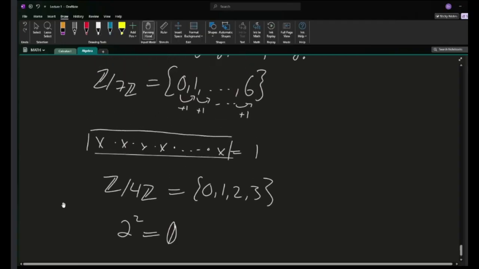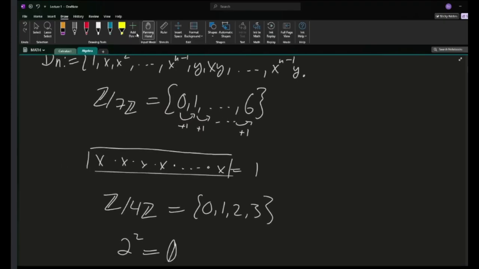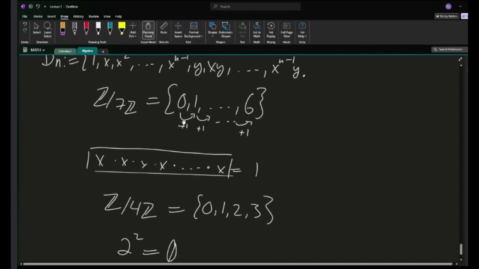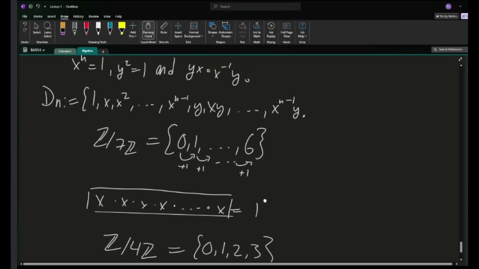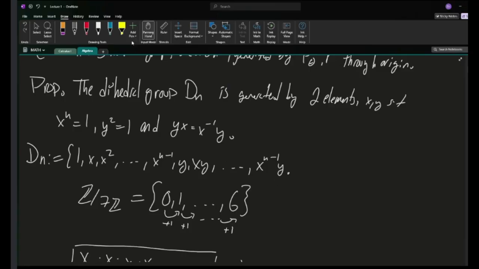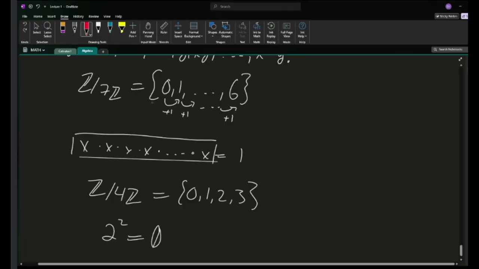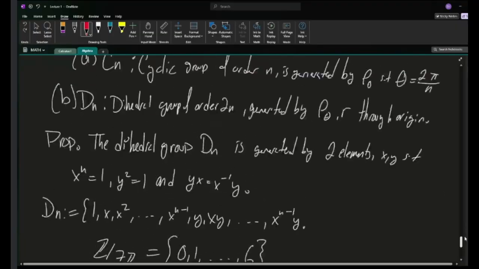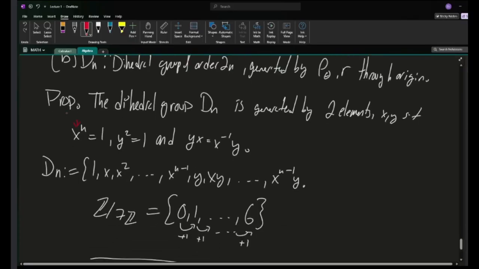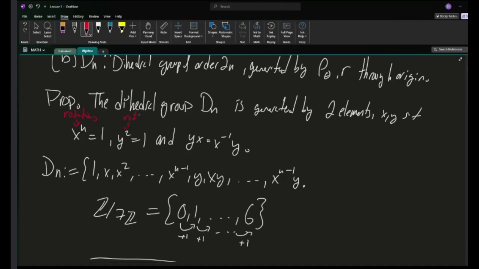The same idea applies here, except we're now dealing with any element x, a figure that's being rotated again and again, which in fact equals 1. And x itself is going to be our rotations, and y is going to be our reflections.